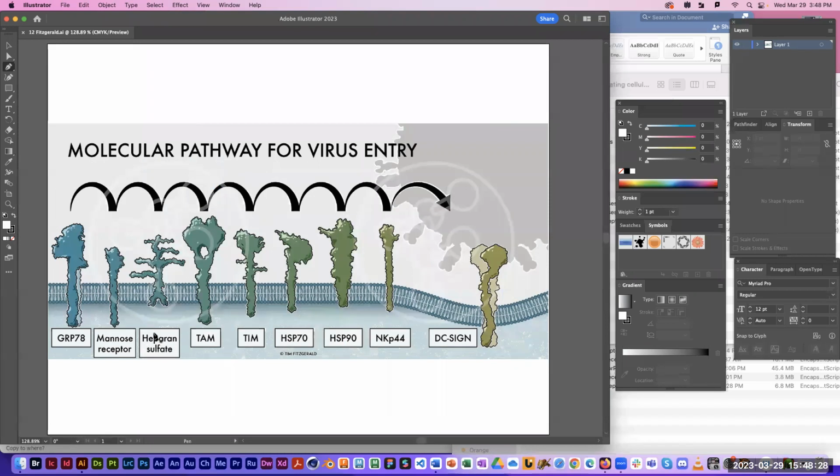Well, they're not all proteins. Heparan sulfate's not a protein, but various molecules that are embedded in the cell membrane or that attach to cells. And it, again, kind of emulated that Goodsell style just a little bit.